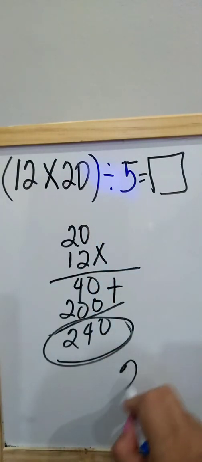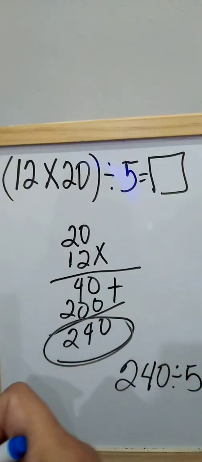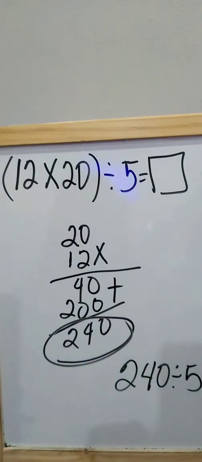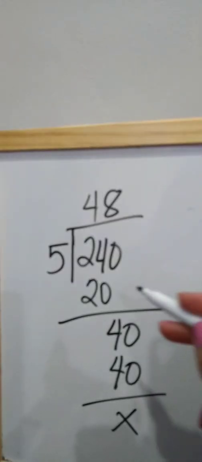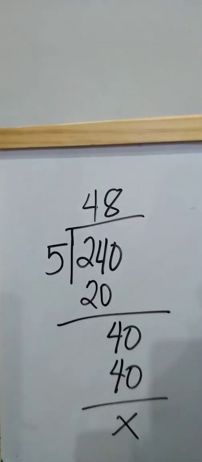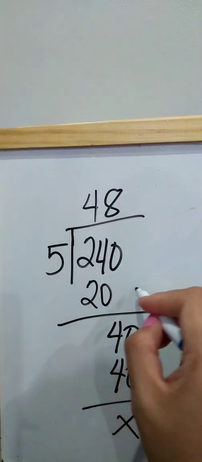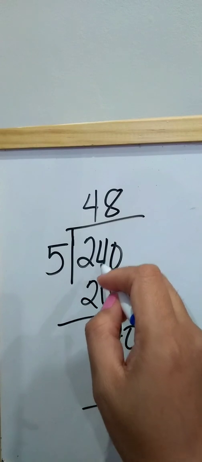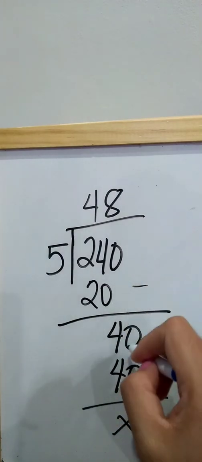240 divided by 5. Now let's divide. 24 divided by 5 is equal to 4. 4 times 5 is equal to 20, and oh sorry, we have to subtract this first. 4 minus 0 is equal to 4. 2 minus 2 is equal to 0, and then bring down 0.